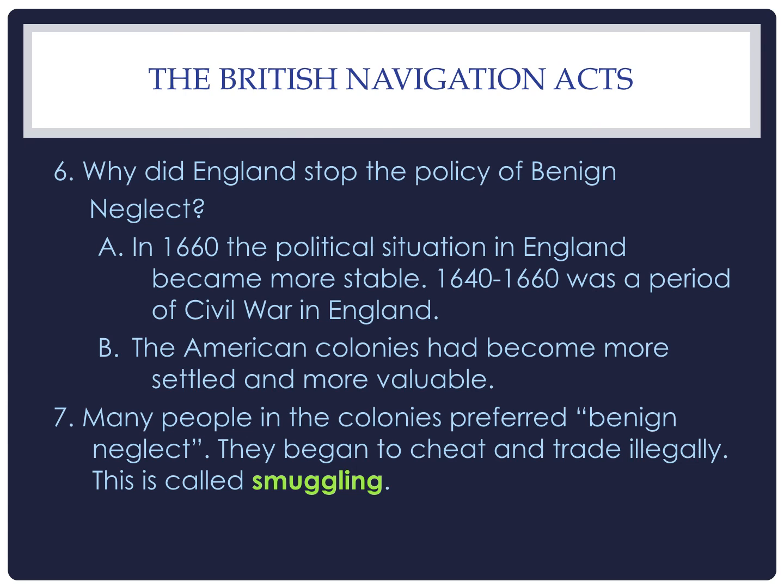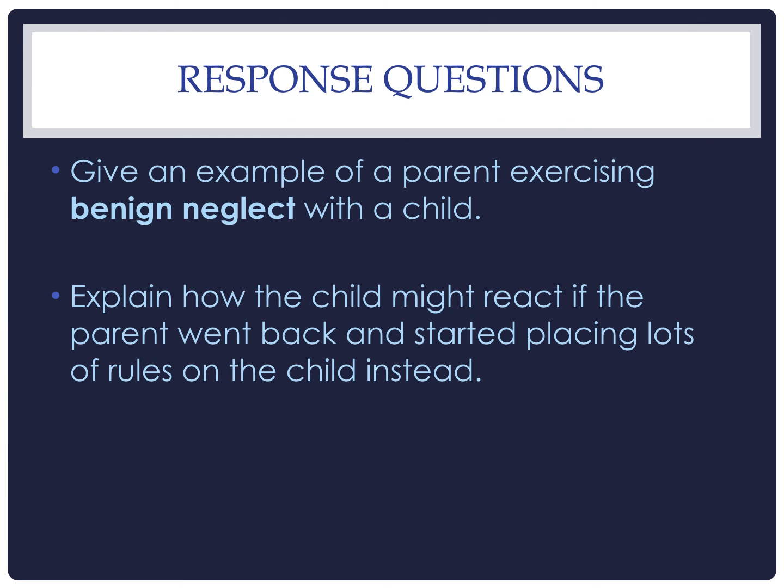So for your response questions for this set of notes, I want you to think about this concept of benign neglect, because it's really central to the idea of how the Navigation Acts changed the relationship between the colonists and England. So here's the two that you have in your notes. First off, think about a parent-child relationship and give an example of a parent exercising benign neglect with a child.